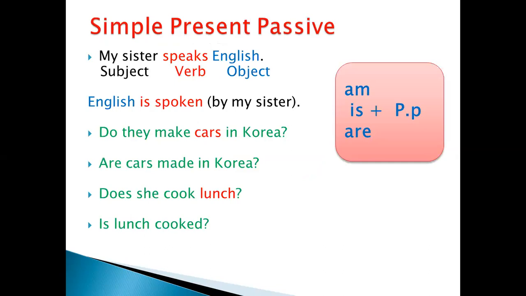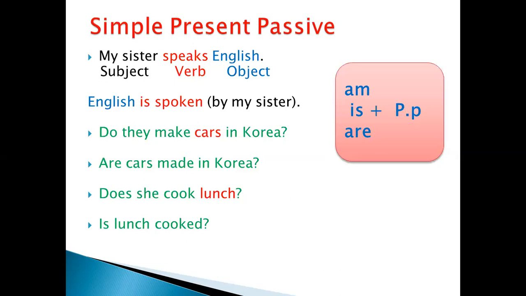As you see, we have something called the simple present passive. What's passive and what's active? When I say that a sentence is active, it means it has three parts: subject, verb, and object.